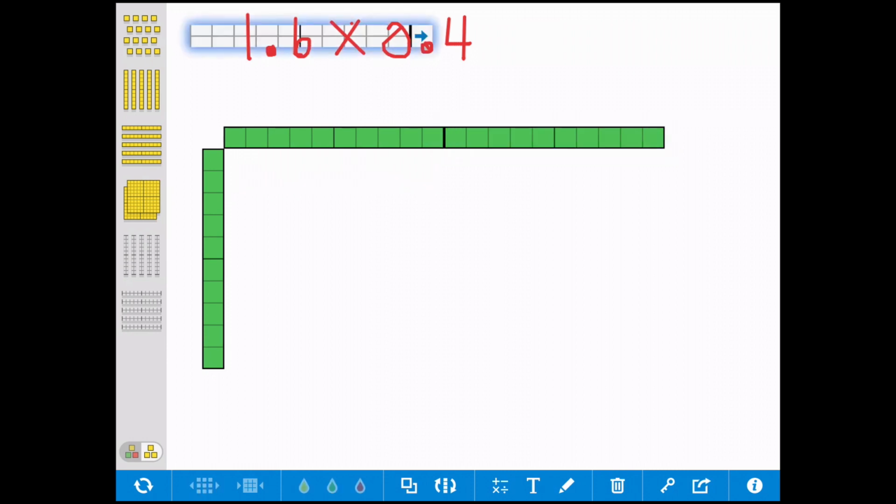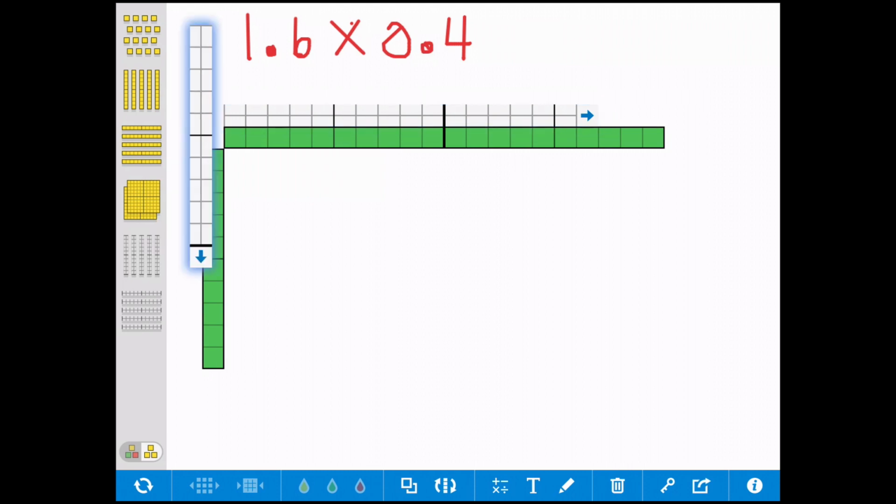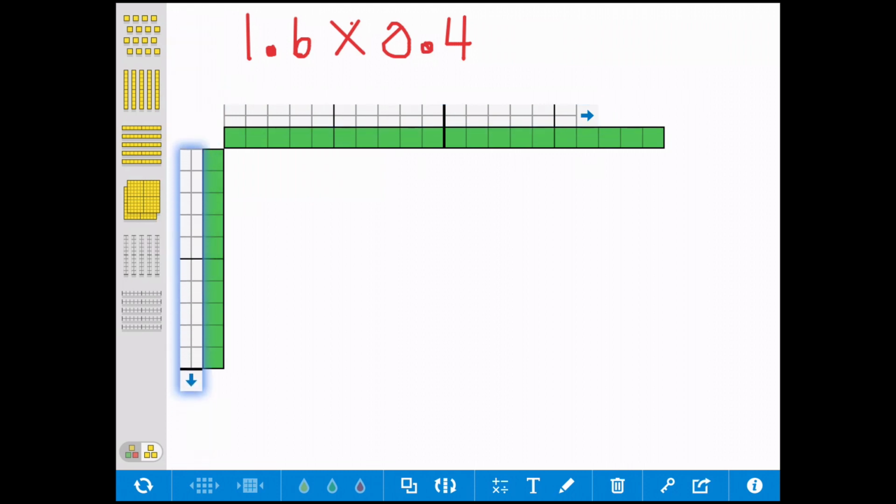Now, 1.6, that's 1 whole, 0.1, 0.2, 0.3, 0.4, 0.5, 0.6. Right there is our 1.6. And similarly, our 0.4. There's 0.1, 0.2, 0.3, oops, that's 0.3.